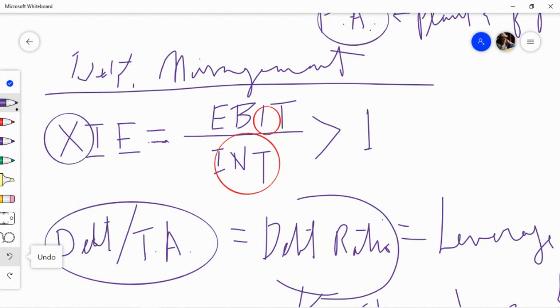So that means this ratio must be way greater than 1. You must make the interest payment and still have something left for the equity holders, right? Then what should this number be like? Being greater than 1, is that enough?